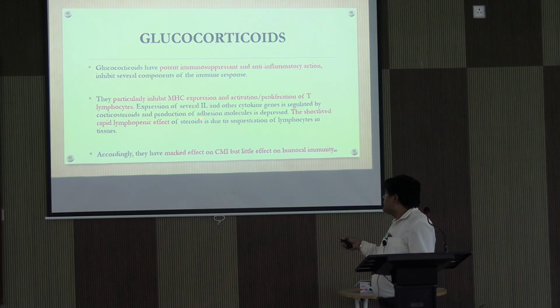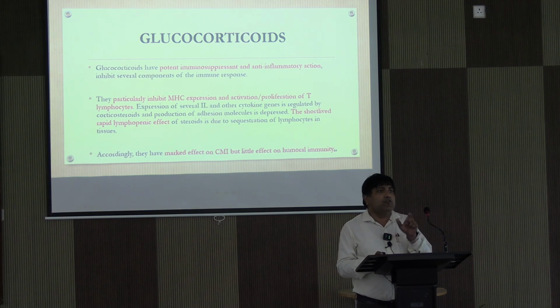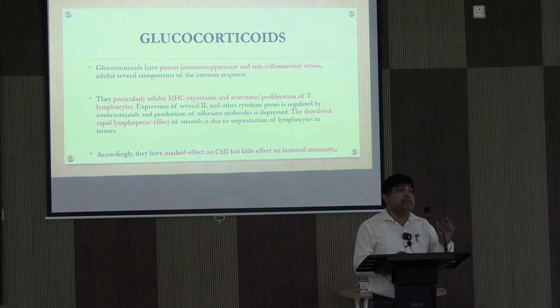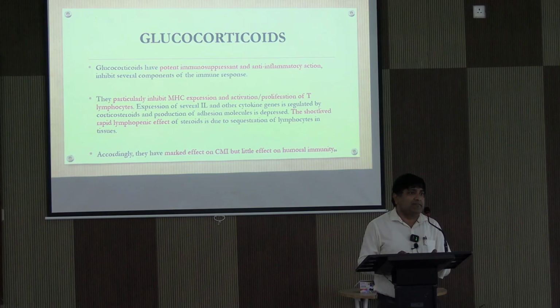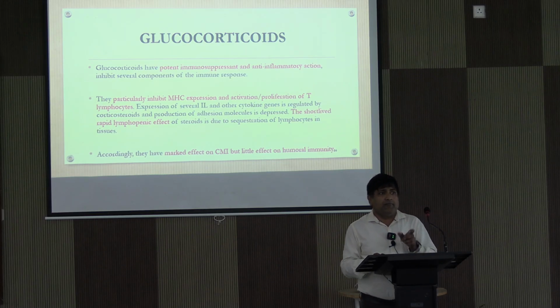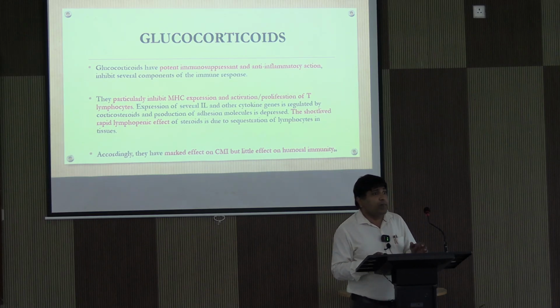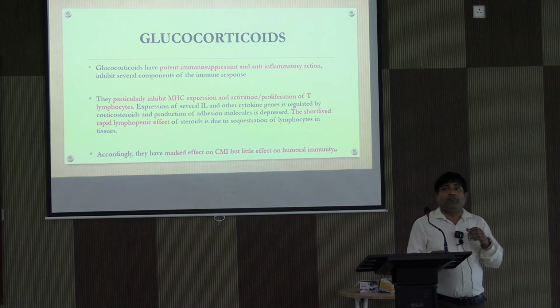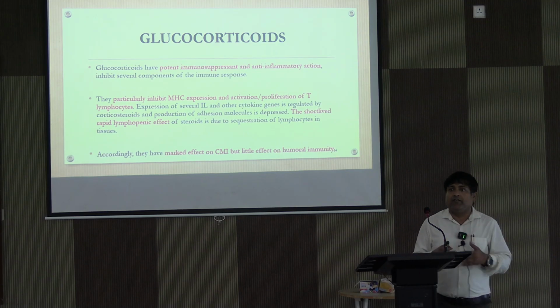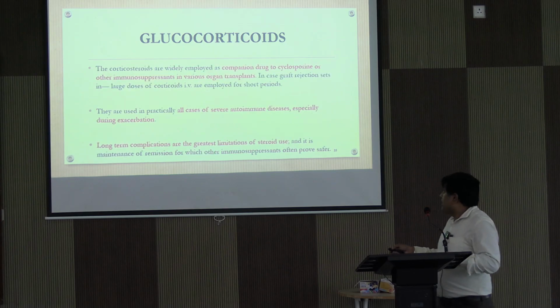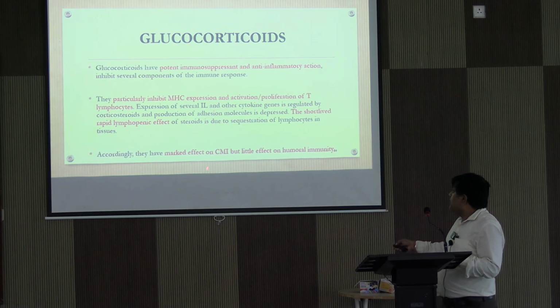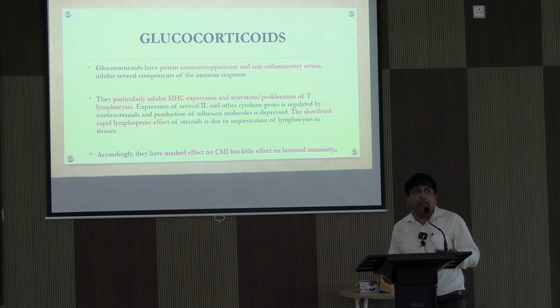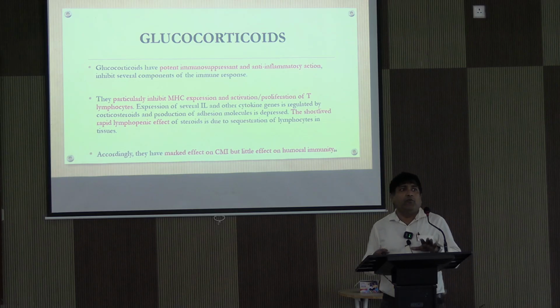And again, production of adhesion molecules is also depressed. With the use of corticosteroid drugs, there is a rapid lymphopenic action, meaning the patient develops lymphopenia. Why does it occur? Because of sequestration of the lymphocytes in the tissues. They have a marked effect on the cell mediated immunity, but no effect on the humoral immunity.